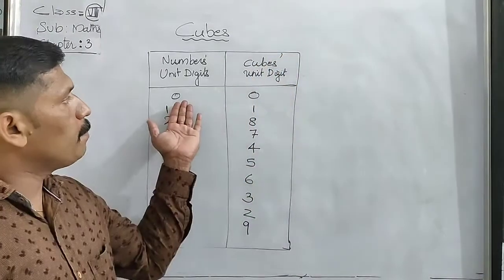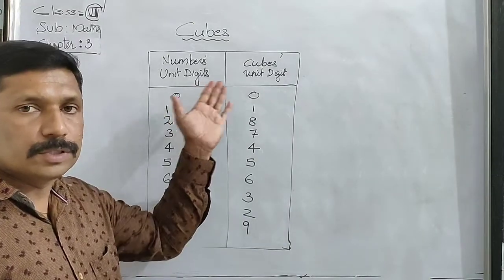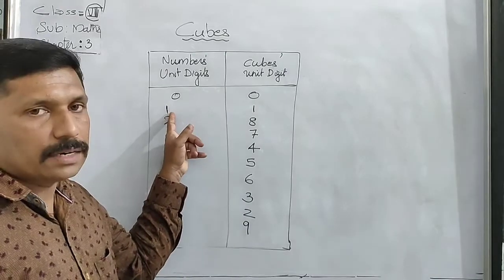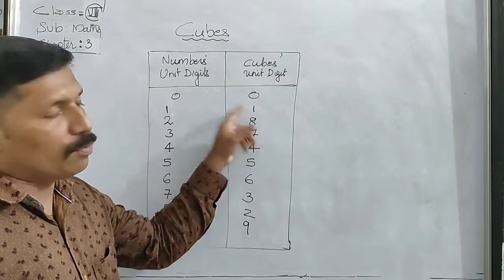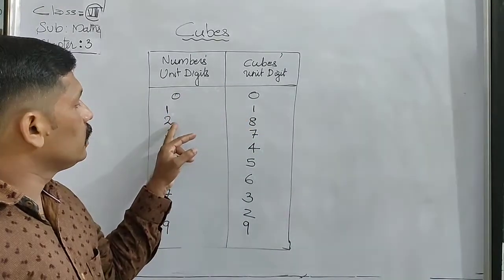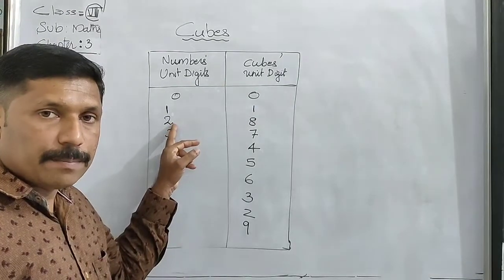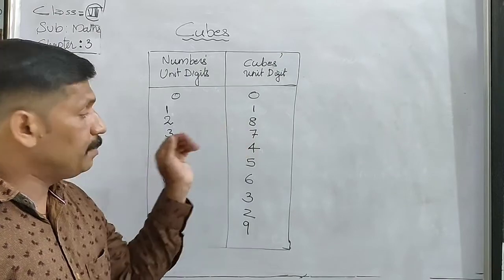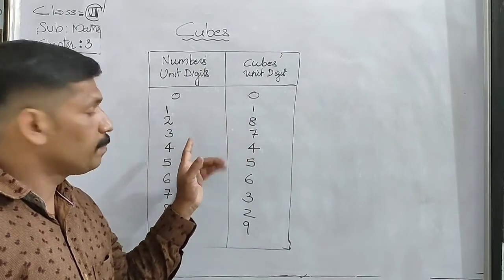Dear students, if a number ends with 0, then its cube's unit digit also will be 0. If a number's unit digit is 1, then its cube's unit digit will be 1. 1 into 1 into 1, 1 only. And if the unit digit of a number is 2, then the unit digit of its cube will be 8. Means 2 into 2 into 2, 8.